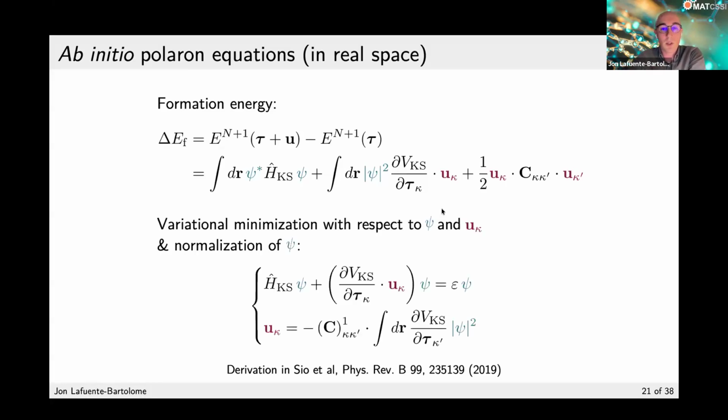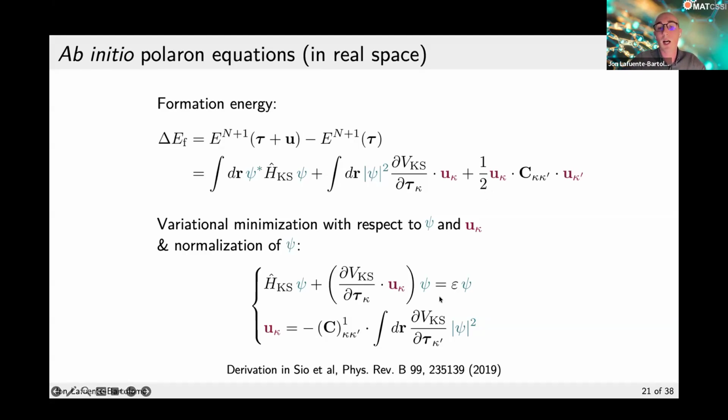And if we want to minimize this functional, we can do so using Lagrange multipliers. After performing this variational minimization, one arrives at a set of coupled equations for psi and u that need to be solved self-consistently. So with this first step, we have solved the first problem of the self-interaction, because there is no self-interaction in this equation by construction.